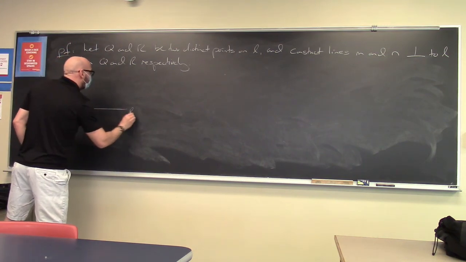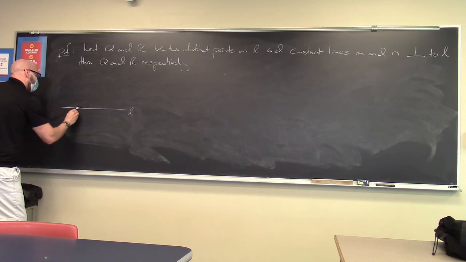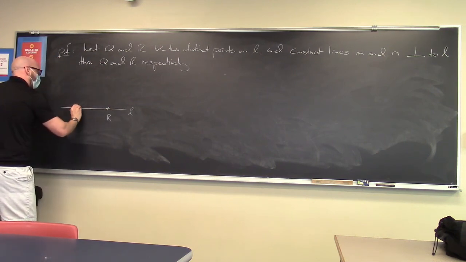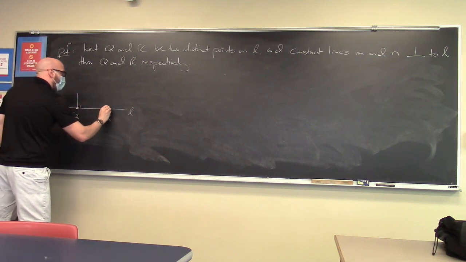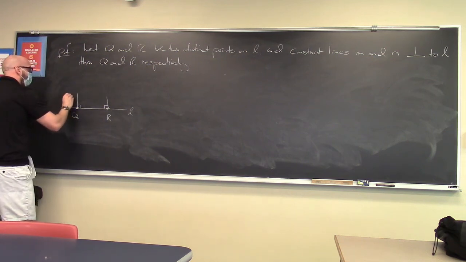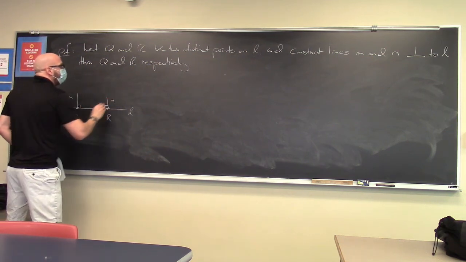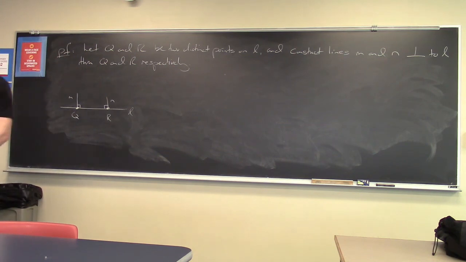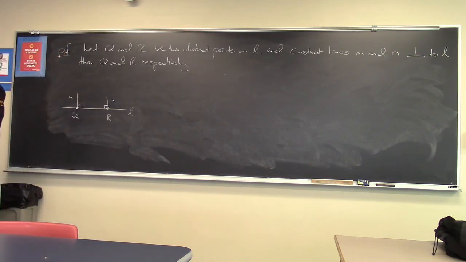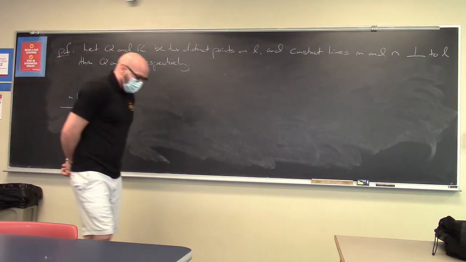So here I have L, here I have Q, here I have R, and I've got these two lines that I'm only going to draw just a little tiny bit of right now that are perpendicular to L. What do I know about M and N?